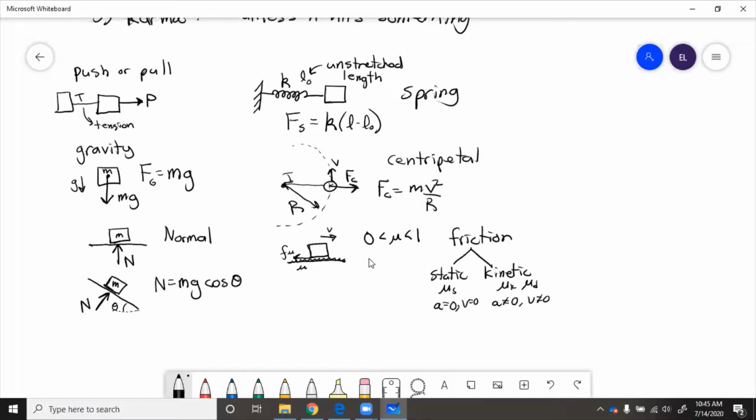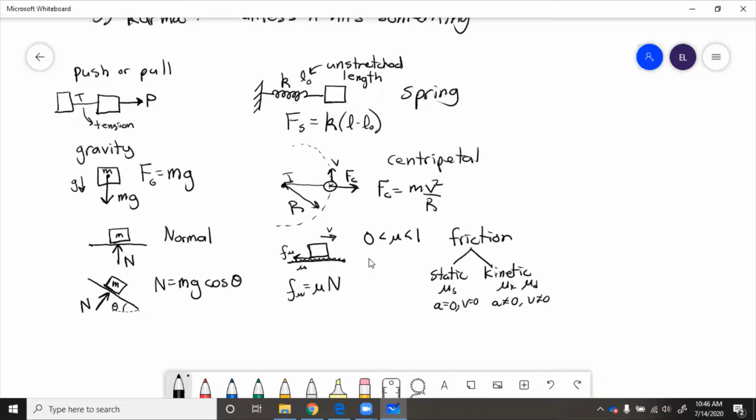So we know the coefficient, but how do we get the force from the coefficient? Friction force is just the coefficient times the normal force. Static friction force would be mu s times N. Kinetic friction force would be mu k times N. A lot of times you might not know if something is moving or not.